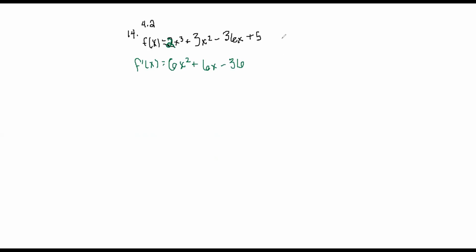We can say that f prime of x is equal to 0, and the way that I would do this is to factor out the 6 first. 6 times x squared plus x minus 6.